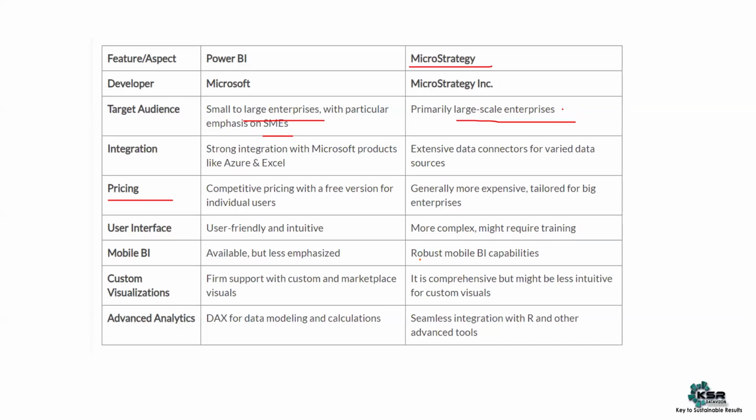If a smaller organization with 2 or 3 people wanted to use MicroStrategy, they would never go with this. Why? Because it is more costly. Multiple options and features are there. User-friendliness and UI interactivity are more important here, whereas MicroStrategy is more complex.